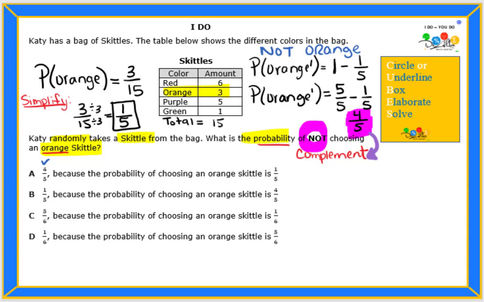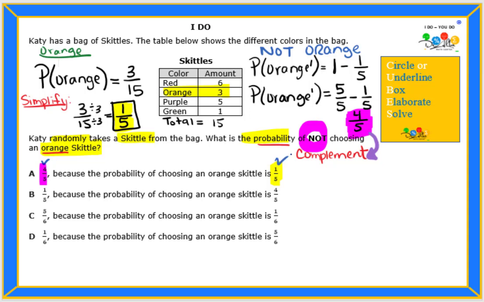Here we have the probability of choosing orange. You see it? And when we did probability of getting orange, we got 1/5. Okay, so this answer has all of the correct information.